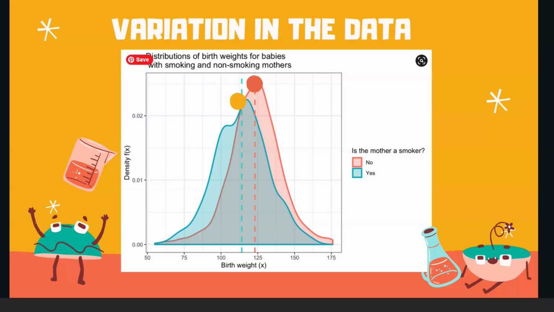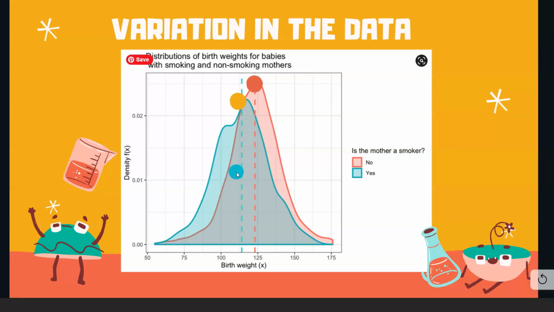But I would only be looking at that one point. What that one point is not showing me is all of this other data that's been observed. It's not showing me the spread of the data, and it's not showing me that there are some babies' birth weights that fall in the same range for mothers that were not smokers and mothers that were smokers.